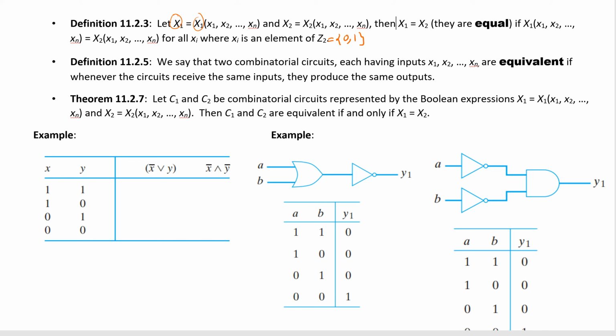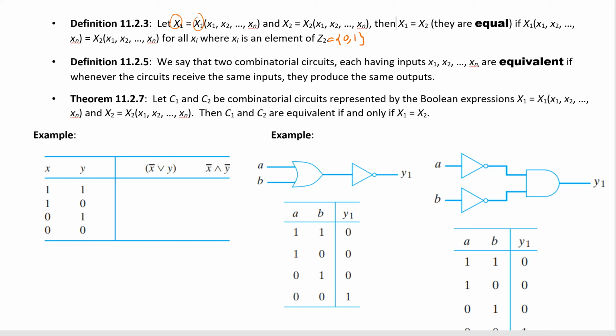Next, we say two combinatorial circuits, each having inputs x1, x2, ..., xn, are equivalent if whenever the circuits receive the same inputs, they produce the same outputs. So for Boolean expressions, we say they are equal, but for combinatorial circuits, we say they are equivalent.